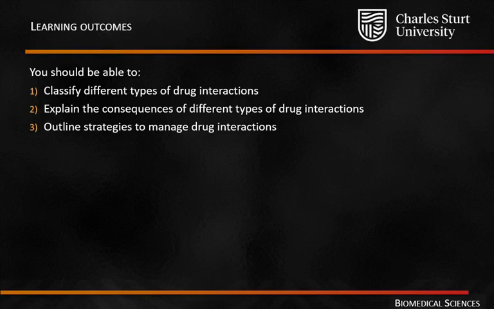We looked at pharmacokinetic ones where you might see a lack of absorption, therefore a lack of effect, or if you're looking at cytochrome inhibitors, you might see a greater effect of those drugs and a worse side effect profile for that drug. And thirdly, we looked at strategies for managing these drug interactions, where we looked at either removing the offending drug, replacing it, spacing it out differently, or changing the dose of one of them.